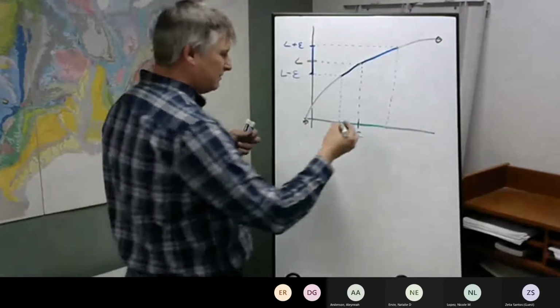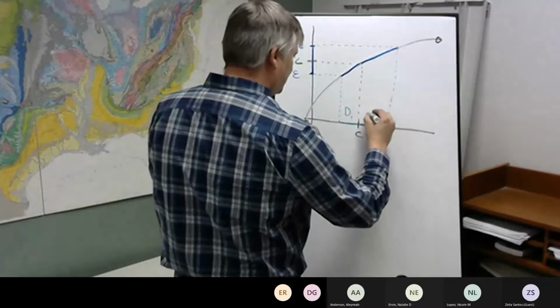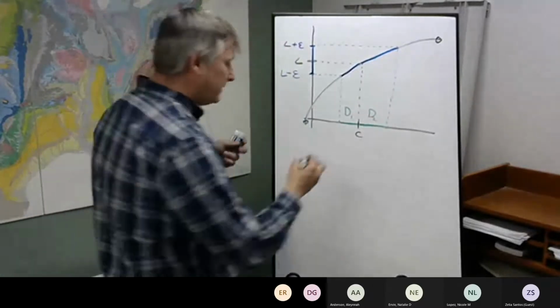So I'm going to call these two parts D1, and this one D2. Well, D2 is bigger than D1. But the point is going to be this.